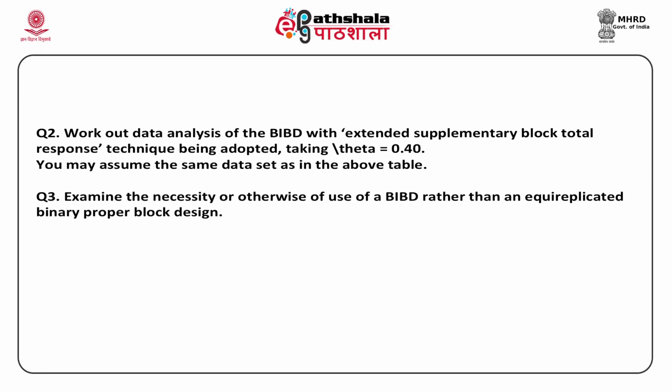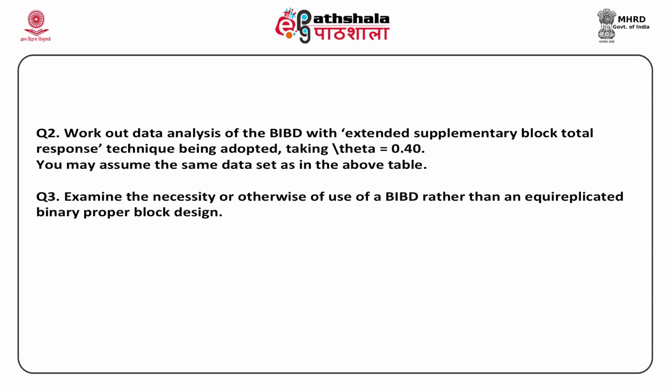Let us look at the MCQs straight away. The first one says, in the implementation of the supplementary BTR technique, supplementary meaning just adding A on that side, it is not necessary to have the same number of respondents in each of the B blocks. Recall what we have done here: we wrote small n equal to 12 times n star plus n0.